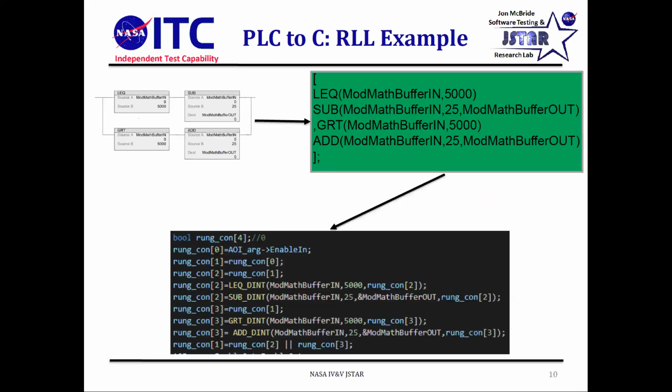So here's an example of the translated code. On the far left side, you can see what it looks like graphically. In the center, you can see what it looks like in the L5X, and then the equivalent C code is at the bottom. Essentially, we run a run condition, which is a Boolean array. When the initial state, the enable in, which is true, comes in, it is separated amongst the two run conditions.